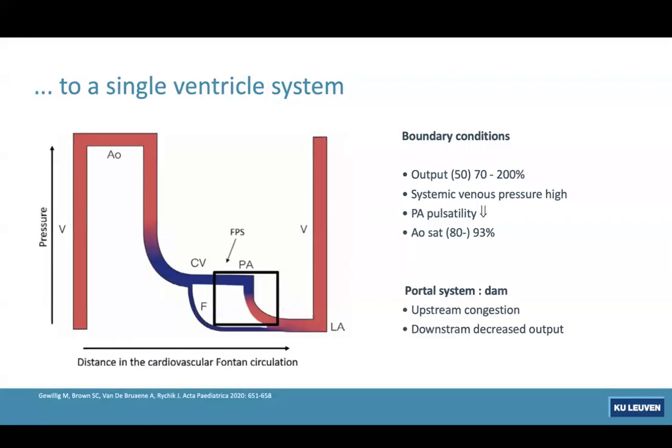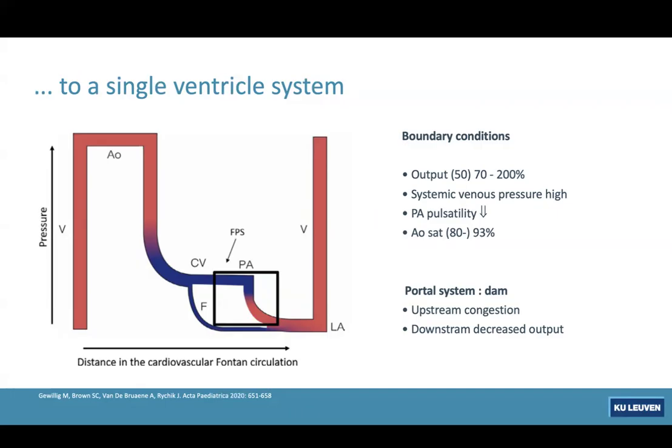That all changes a little bit when we go to a single ventricle system in patients with a Fontan circulation, where we see that resting output is probably a little bit less, although in the Fontan patients I see, it's probably not as low as 50%, but the increase in cardiac output, as we discussed, does not increase as much as it does in healthy individuals.